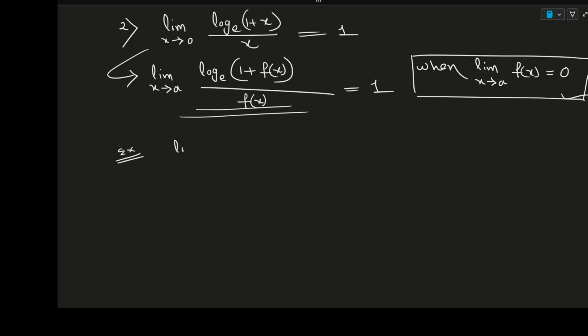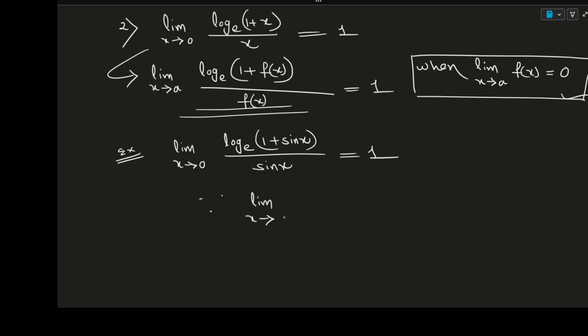With the help of an example, we'll see that limit x tends to 0. Here our f of x is sin x, which is equal to 0 as x tends to 0.